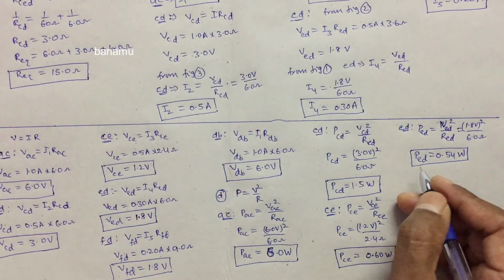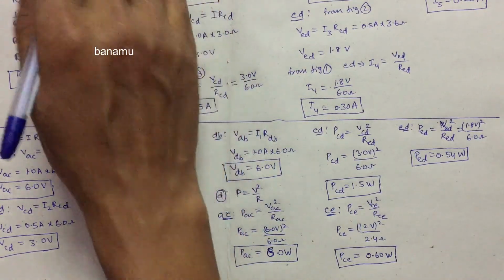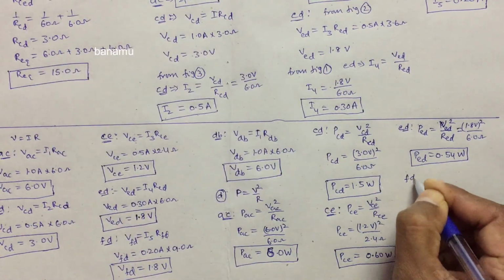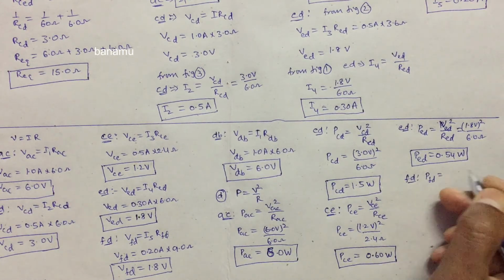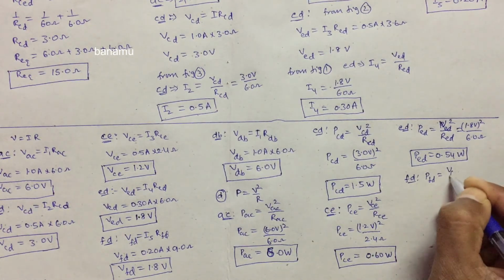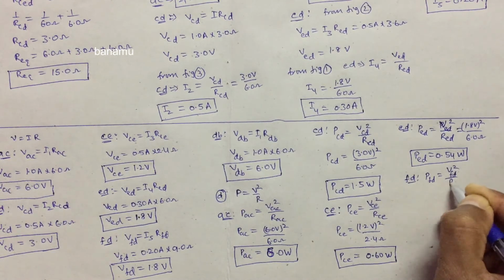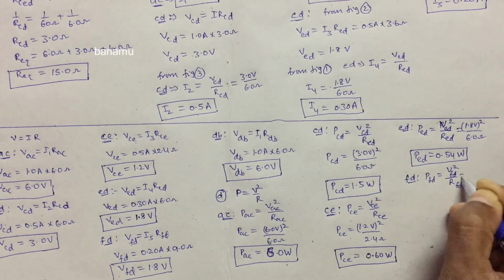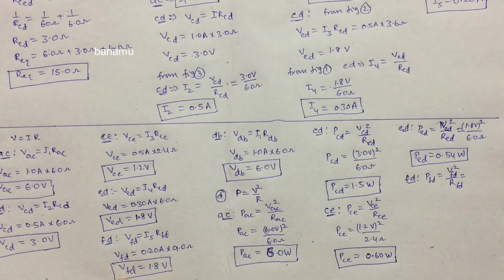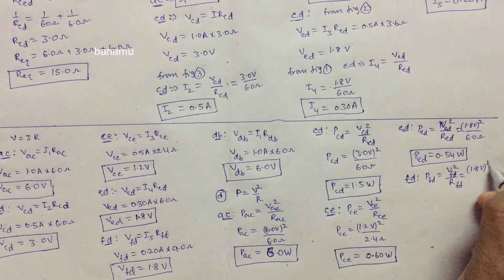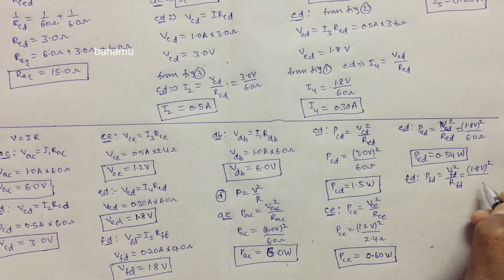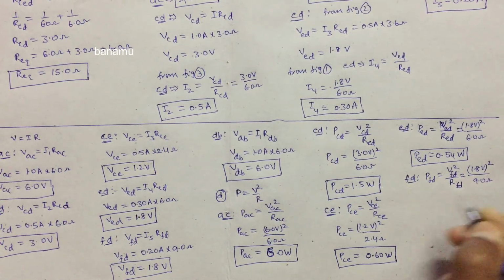And the power dissipated in FD is PFD. PFD is equal to VFD whole square by RFD. So VFD is 1.8 volts whole square by the 9 ohms resistance.